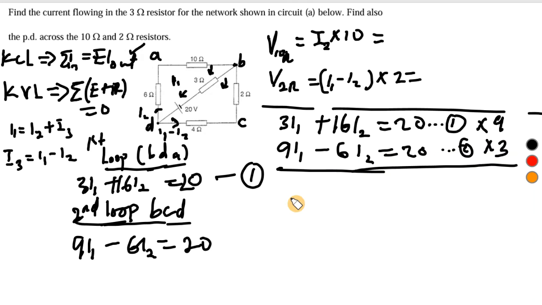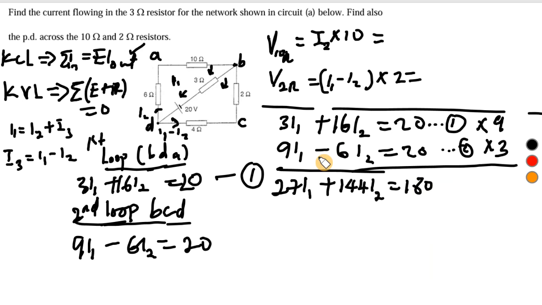9 times 3 is 27. So we have 27 I1 plus 9 times 16, which is 144 I2, equals 9 times 20, this is 180.